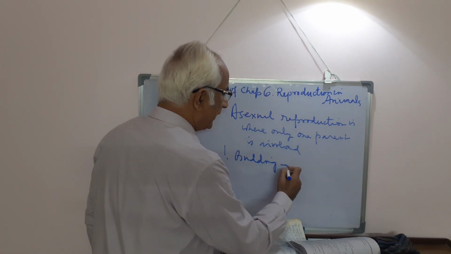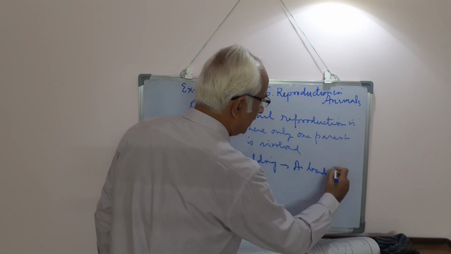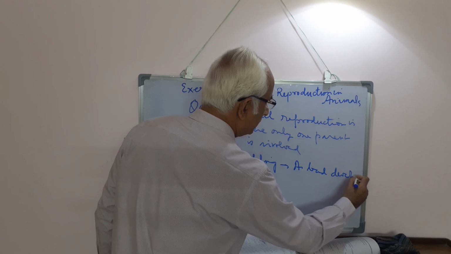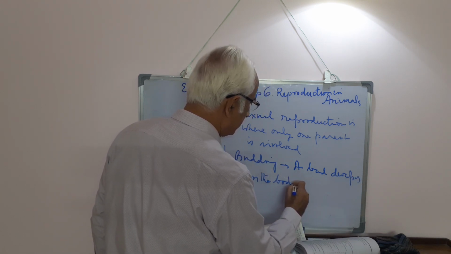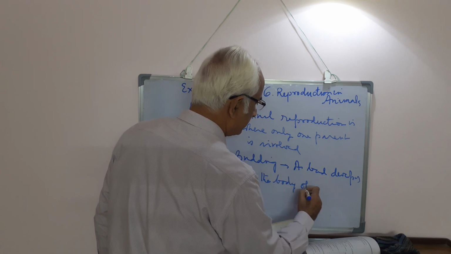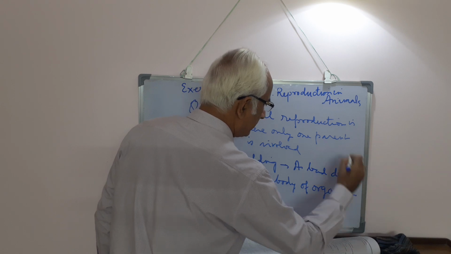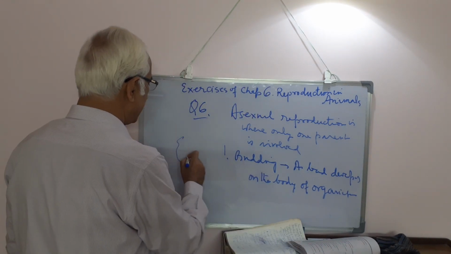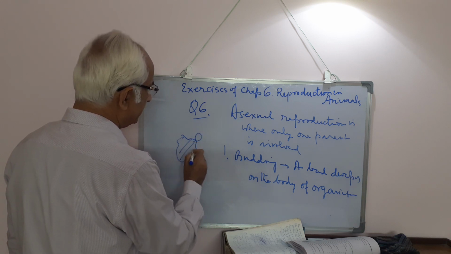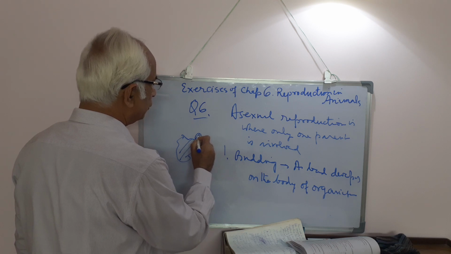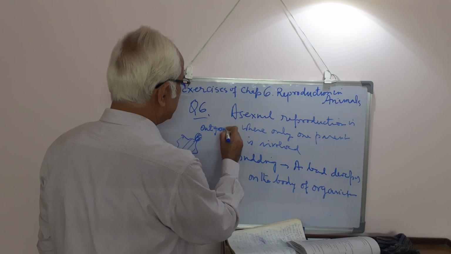In budding, a bud develops on the body of the organism. For example, this is the main organism and a bud will develop here, a small outgrowth, which is called a bud.